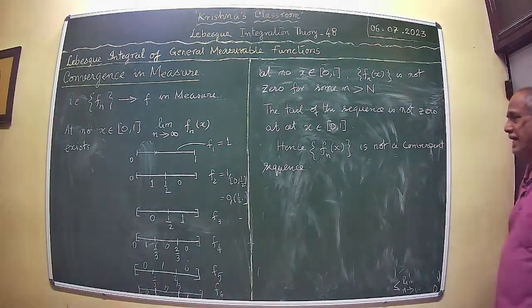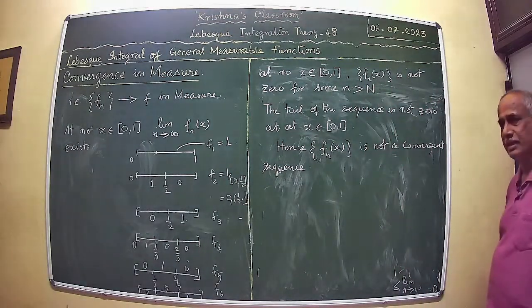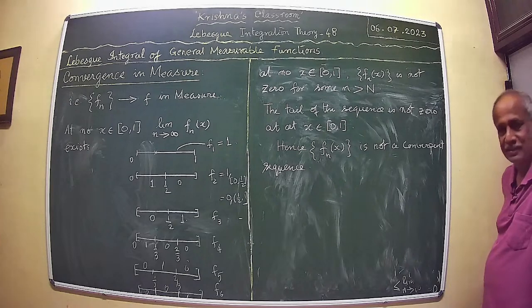So Fn(x) does not converge to 0 for any x.